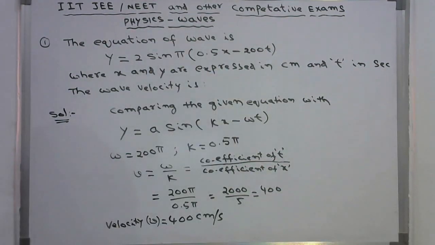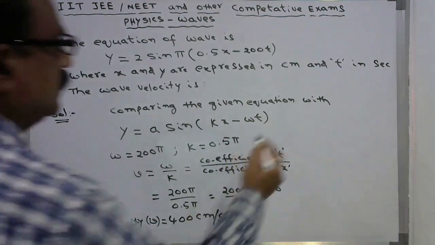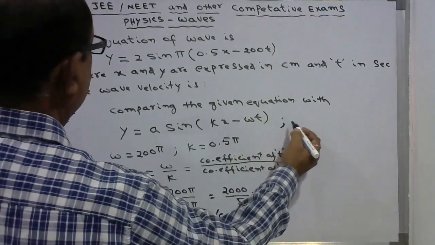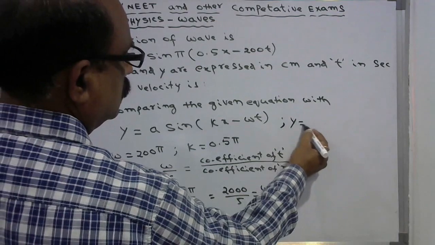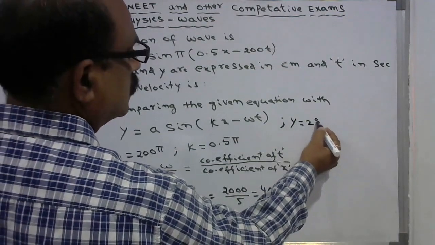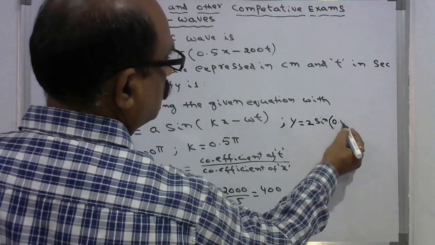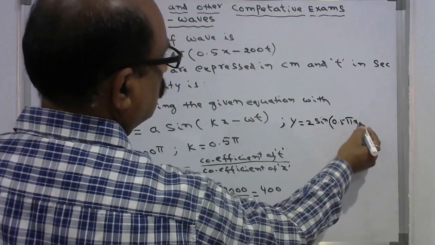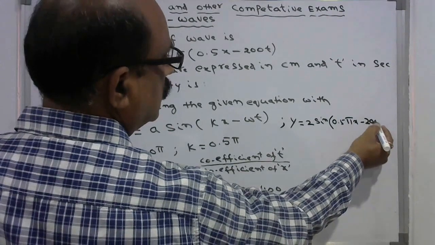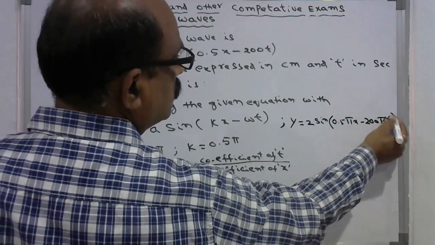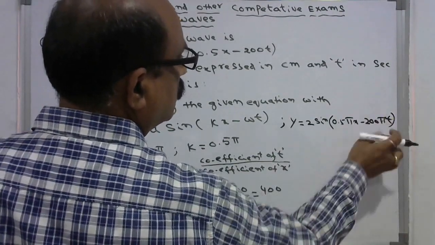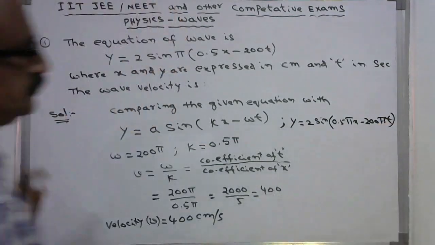Then this equation becomes y is equal to 2 sin (0.5 pi x minus 200 pi t). This is the way in which you have to write down pi t.